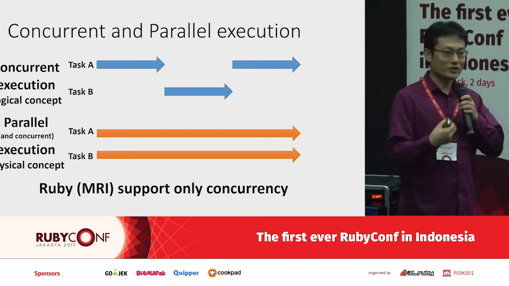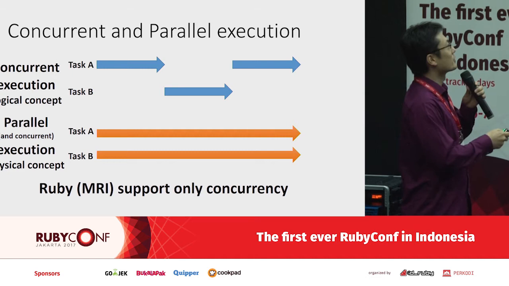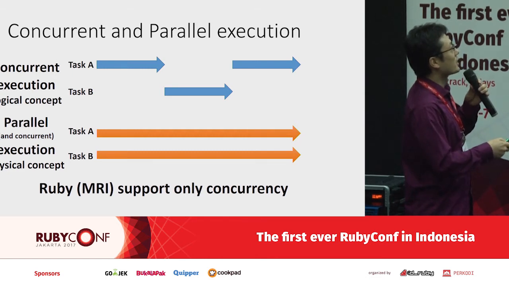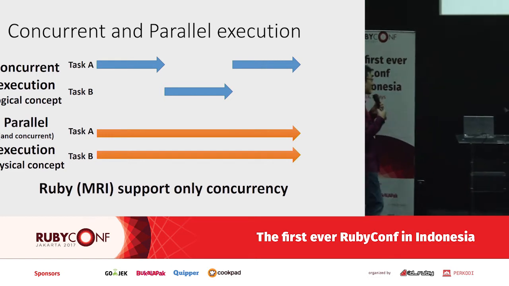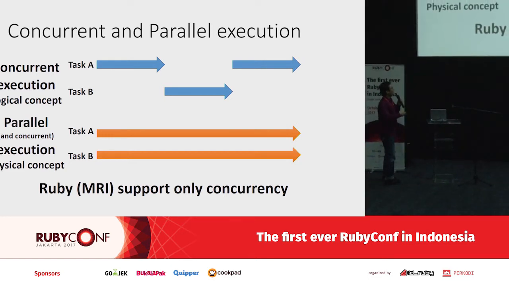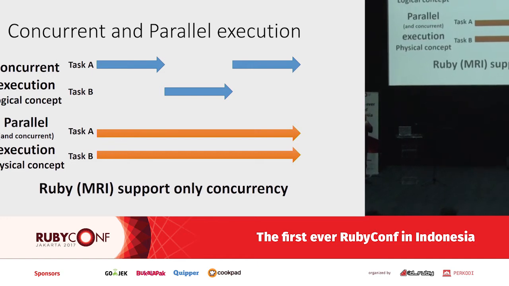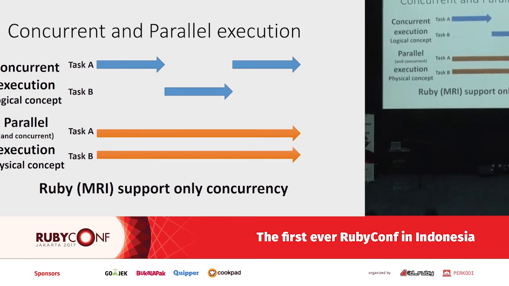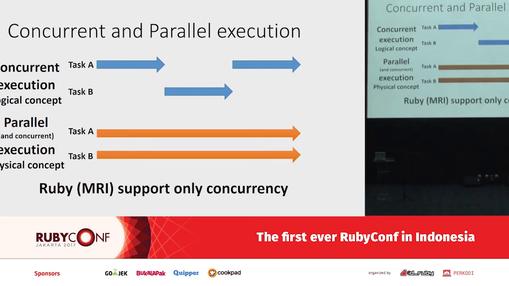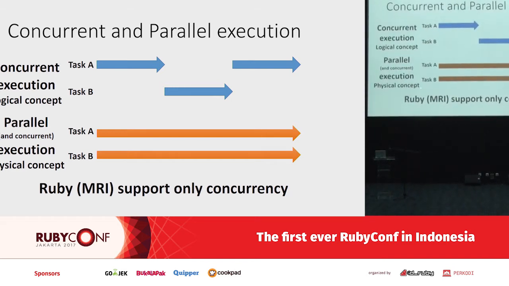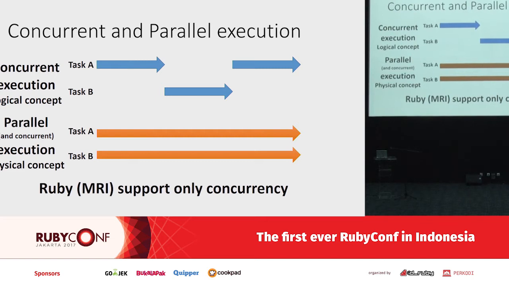But parallel execution is a physical concept. We need to run tasks A and B at the same time, simultaneously. So parallel execution is one kind of concurrent execution. This is the difference between the concurrent concept and the parallel concept.